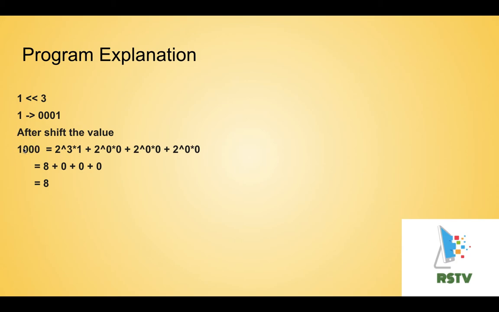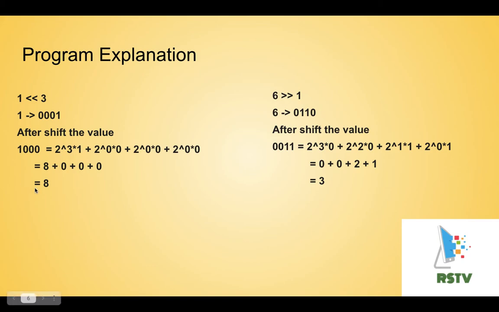So after converting this binary value to decimal value, so it come that 8. How we already know about these things? So we already discussed in data types, literals concept, right? So like that way. So 2 power 0 at position, 2 power 1 position, 2 power 2, 2 power 3, like that. So like the value is came.